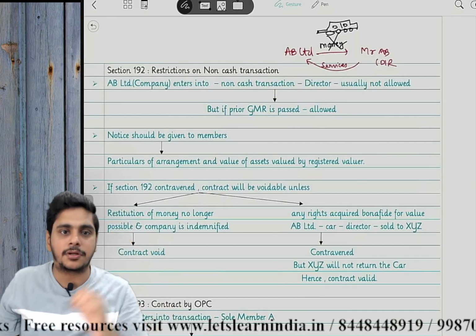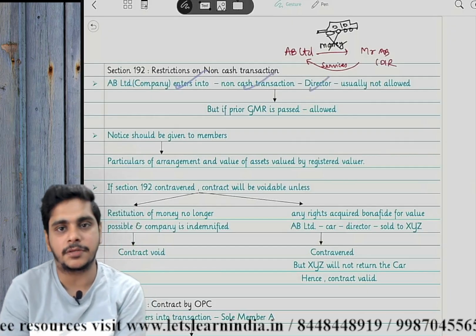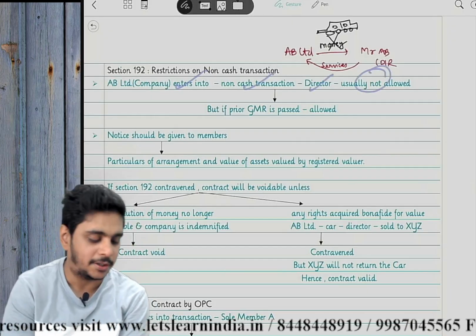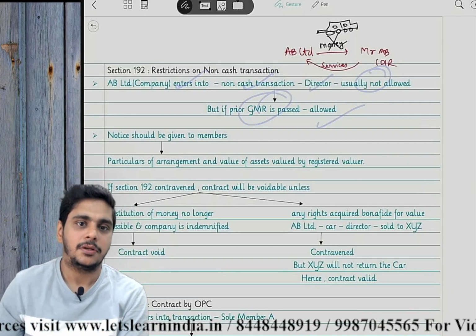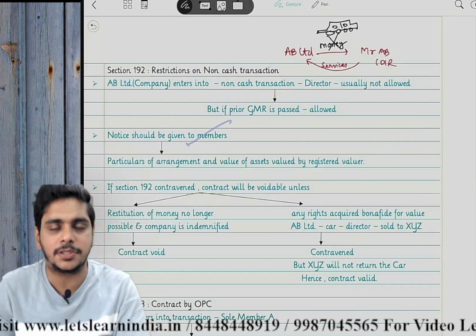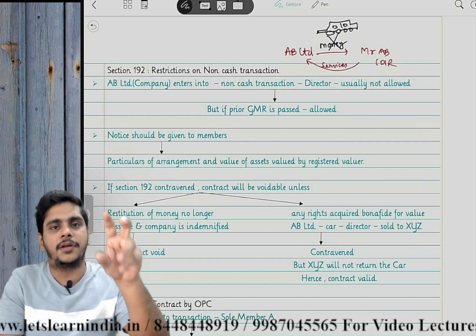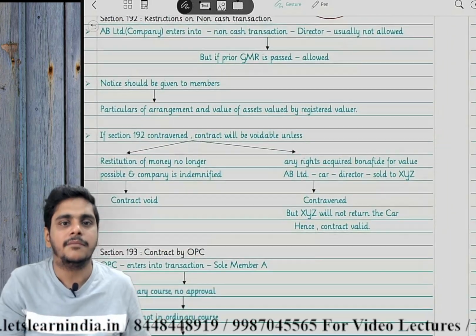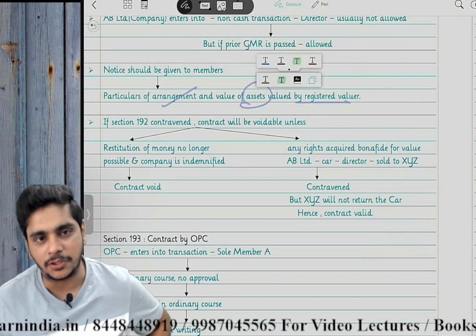If GMR is passed, then it is allowed. Notice should be given to the members that we are passing a general meeting resolution. This is the director, this is the value of the car, this is the remuneration, and we are giving him this particular thing, giving the particulars of the arrangement and the value of the asset, which is valued by a registered valuer.